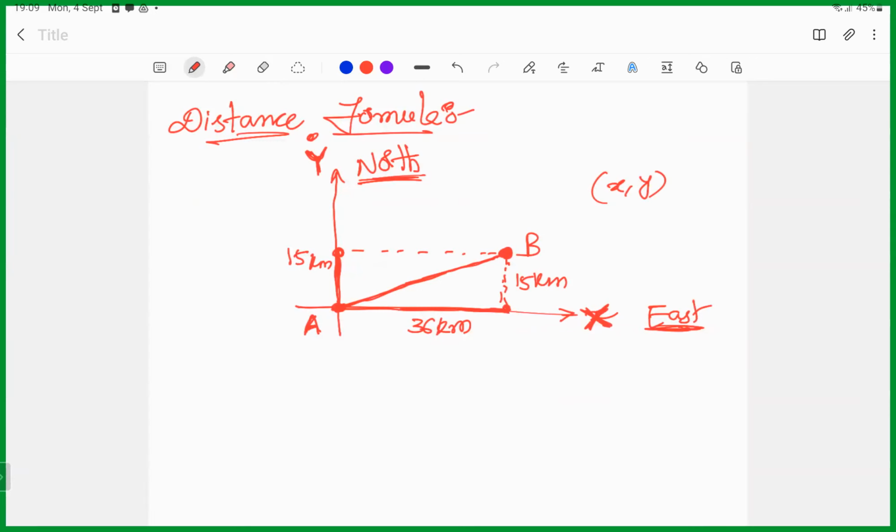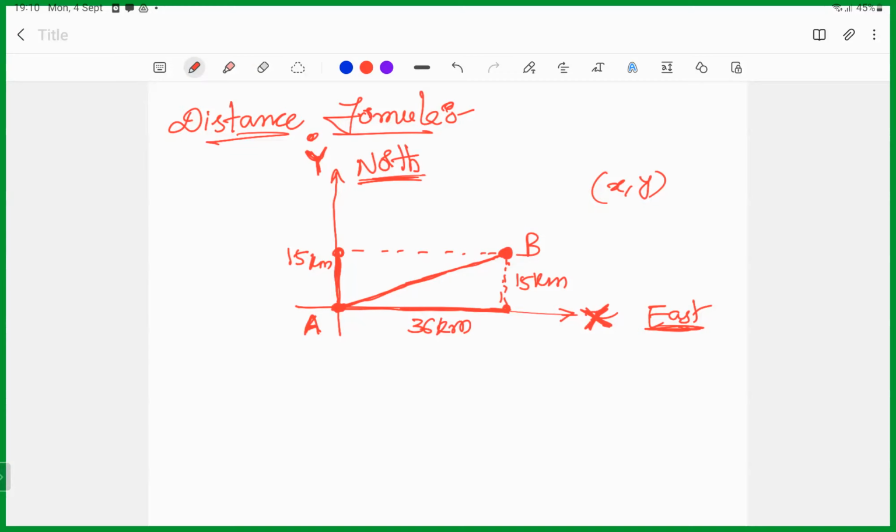It's a graphical representation of how town B is situated with respect to town A. So one way is, how can you get the length of AB using the Pythagoras theorem? You can use the Pythagoras theorem to get a length, right?